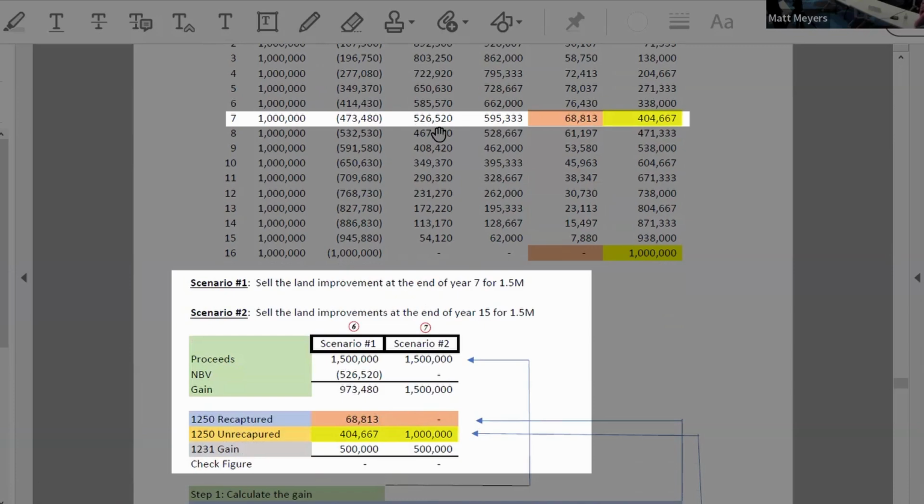Step 1 in the whole process is calculate the gain, correct? So 1.5 less 526, I got a gain of 973. So then you have to say, well, what is the amount in excess of straight line? 68,813. So my recaptured 1250 is 68,000. My recaptured is 404, and my 1231 gain is 500.